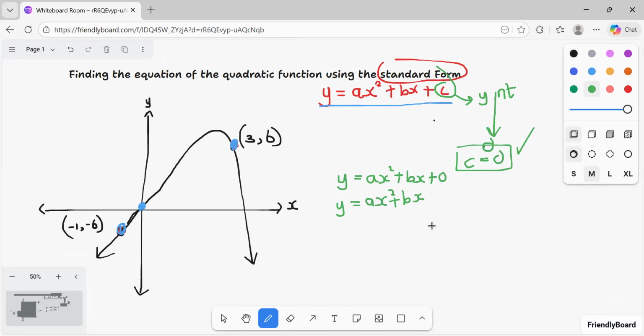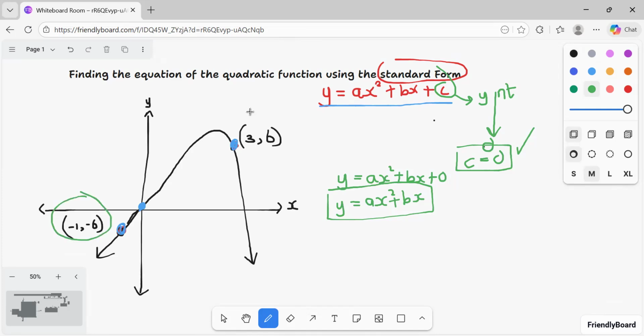So what's going to be next? I know that the equation is going to be in this form here. The next thing to do will be to substitute the points. I have these 2 points here that I'm circling in green.